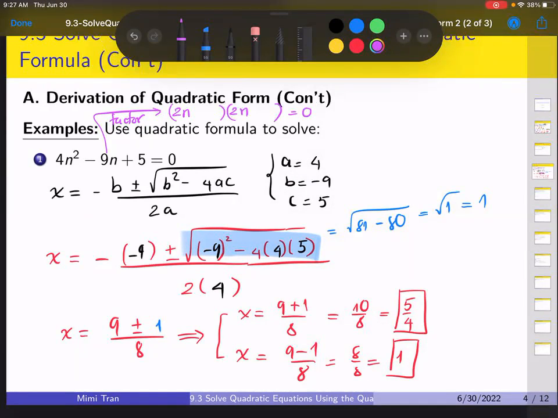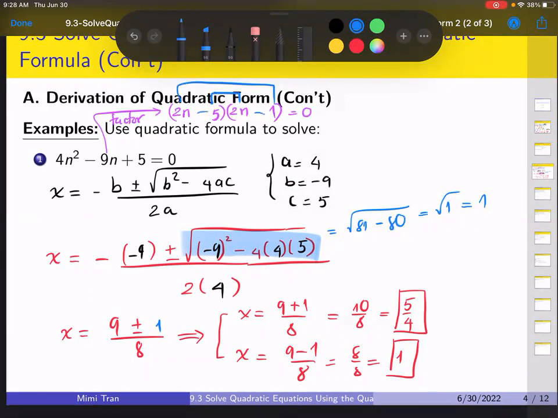And then for the 5, the only possibility is 5 and 1, right? And then you check the inner and the outer. The signs: positive 5, so I need either both minus or both positive. Actually, you have to be negative because of the -9n in the middle.